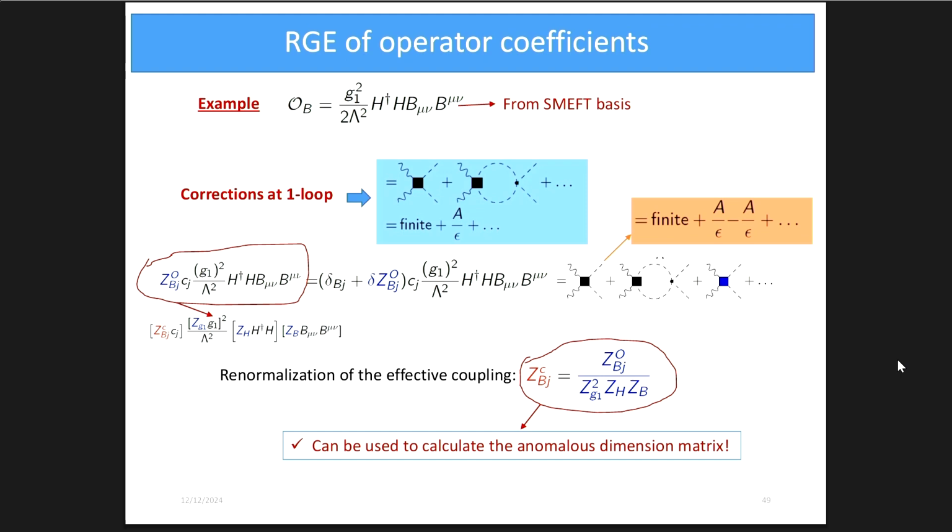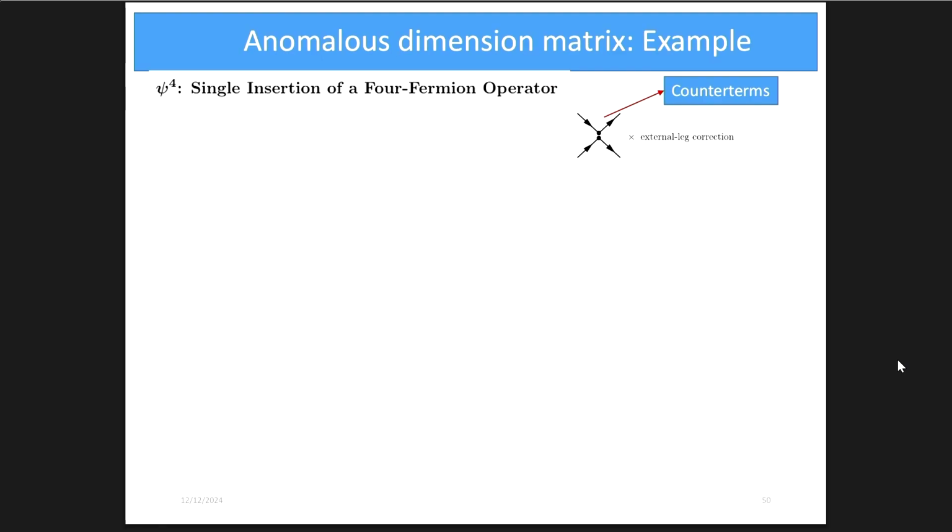That's all. Now, as an example, you can think of a four-fermion operator. This is the interaction vertex. The counterterm you will be able to calculate if you calculate all the corrections on the external legs.